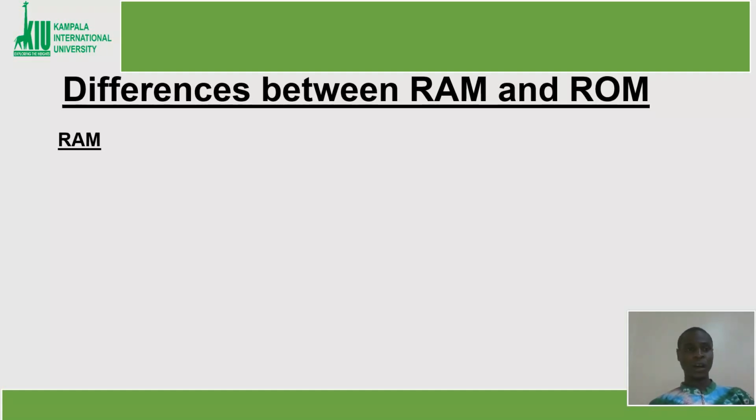We are going to begin with RAM. RAM is read and write.